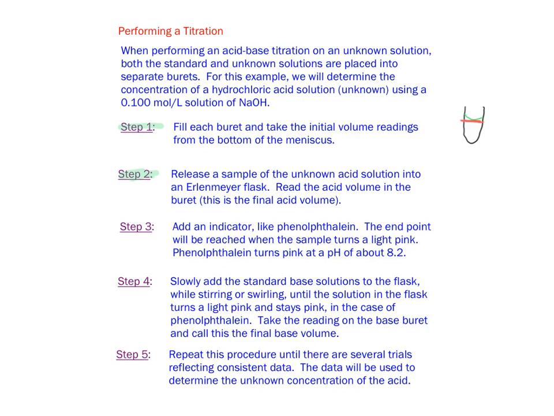Read the acid volume in the burette, and that would be the final acid volume. Okay. Step 3, add an indicator like phenolphthalein. The endpoint will be reached when the sample turns a light pink, and phenolphthalein turns pink at a pH of about 8.2. So slightly basic.